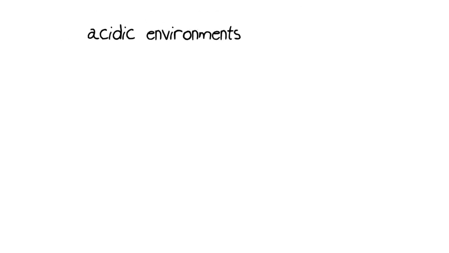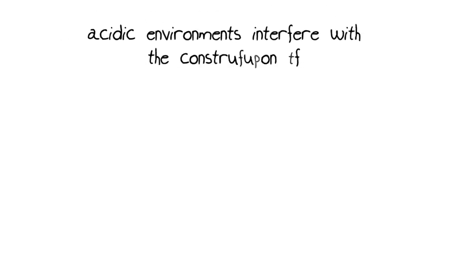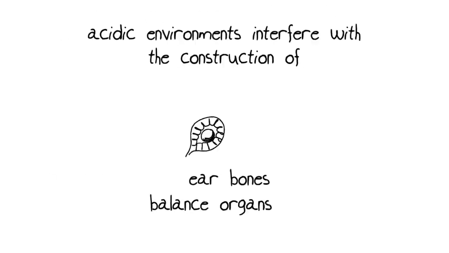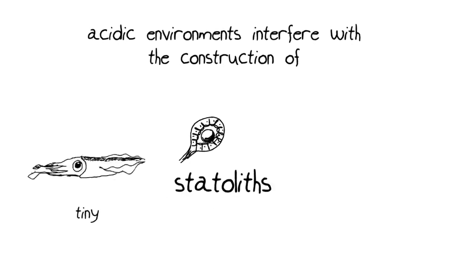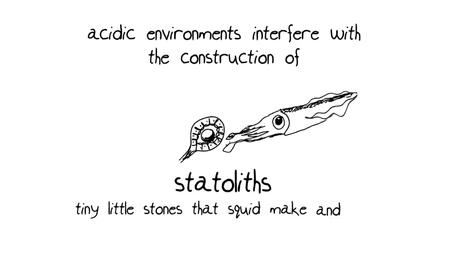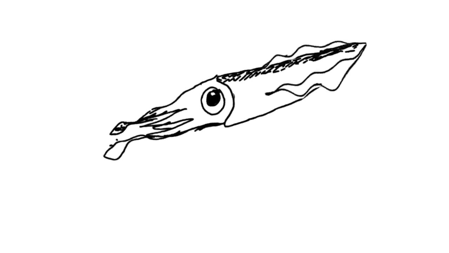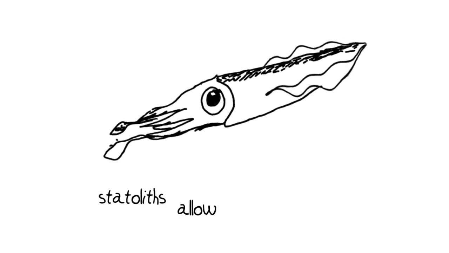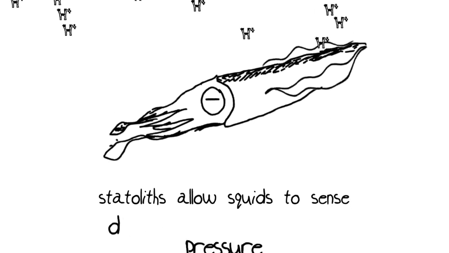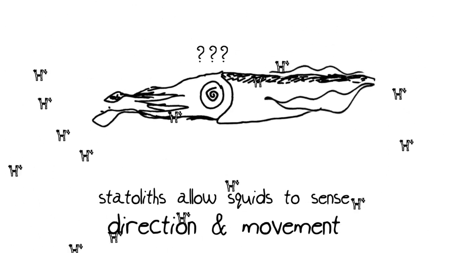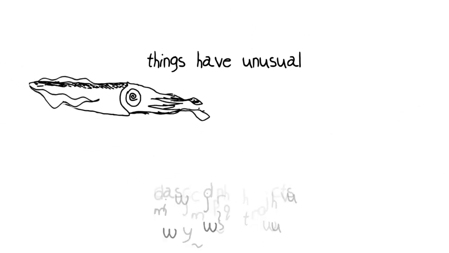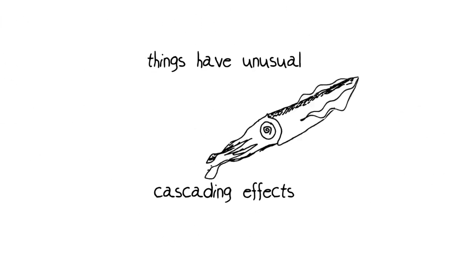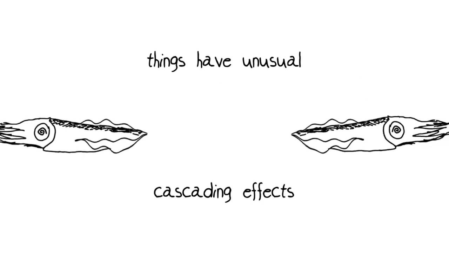More acidic environments can interfere with the construction of things like ear bones and balance organs, such as what are known as statoliths, tiny little stones that squid make and hold in special chambers in their bodies. Statoliths allow squid to sense pressure and changes in direction and movement, and this just illustrates how little we know. Things have unusual kinds of cascading effects that you might not think of, over and above this inability to make calcium carbonate skeletons from seawater.